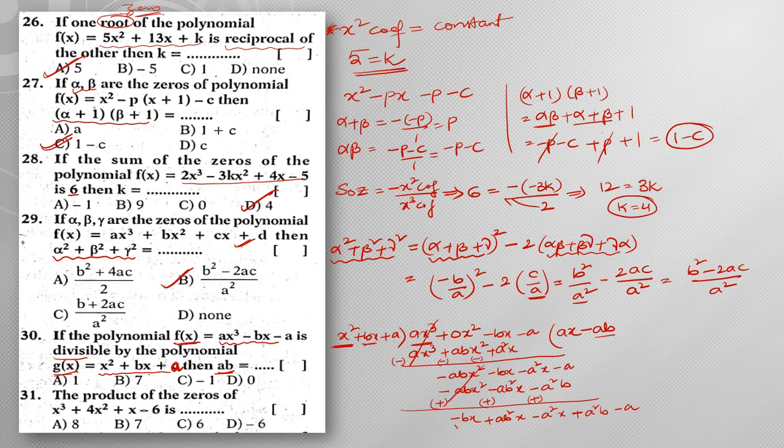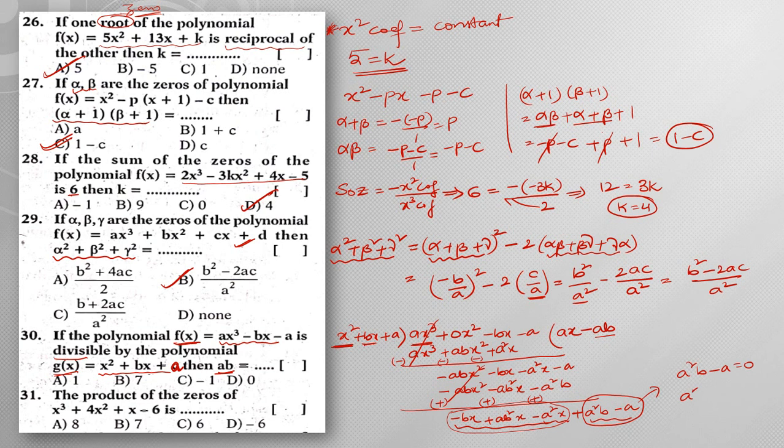Now clearly, since f of x is exactly divisible by g of x, the remainder should be 0. That means this particular constant should become 0, as well as this particular x coefficient should become 0. So here I am going to check this: a square b minus a is equal to 0.